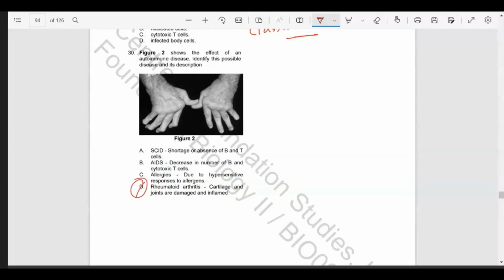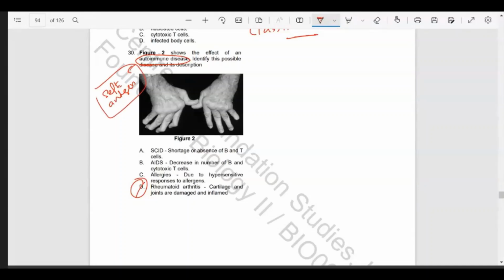Figure 2 shows the effects of autoimmune disease, when your immune system attacks your own body cells, the self-antigen. That is why, early on, we saw that one characteristic of the immune system is that it cannot attack self-antigen.